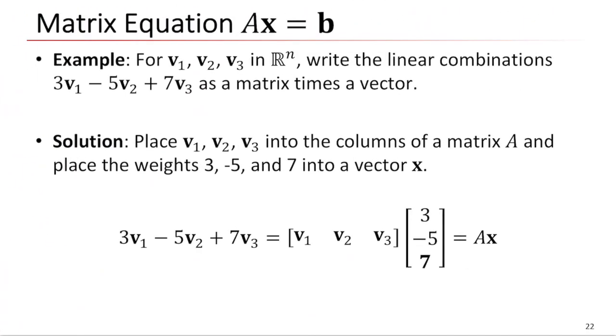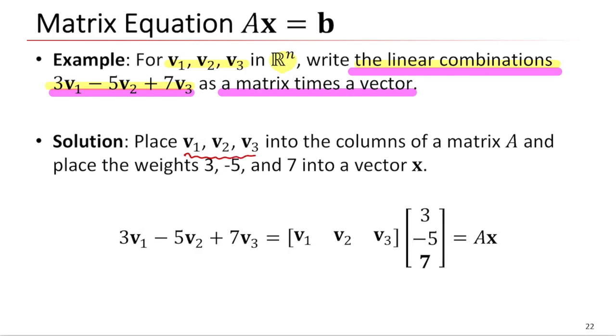So, for example, there are three vectors v1, v2, v3 in R^n. Write the linear combination 3v1 minus 5v2 plus 7v3 as a matrix times vector form. Okay, let's do that. We have v1, v2, v3.